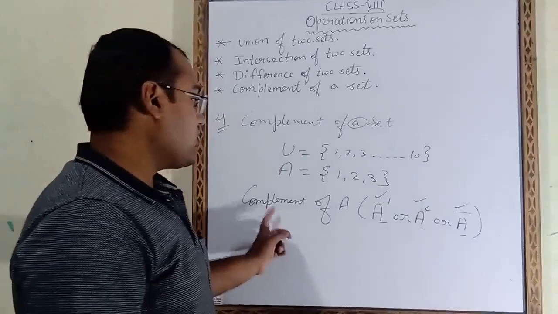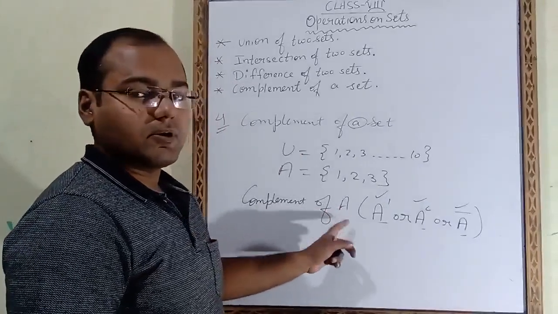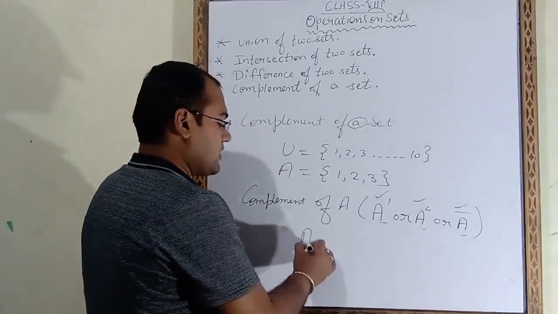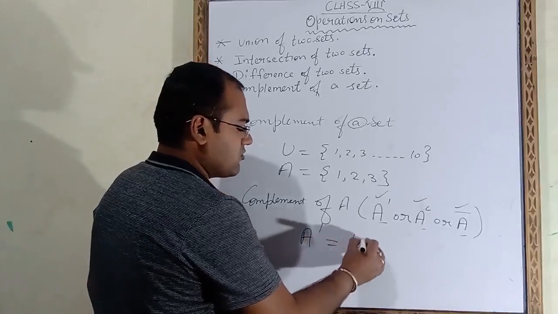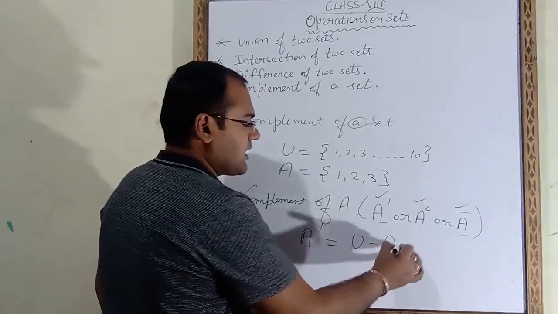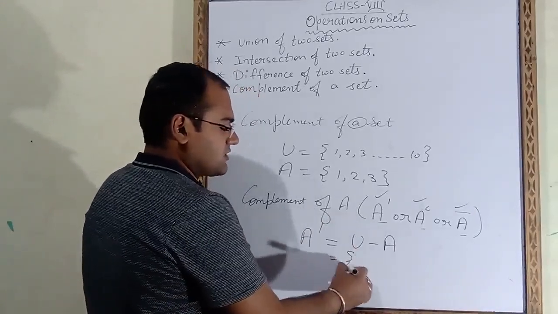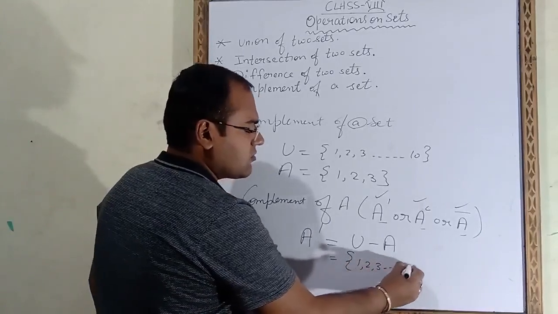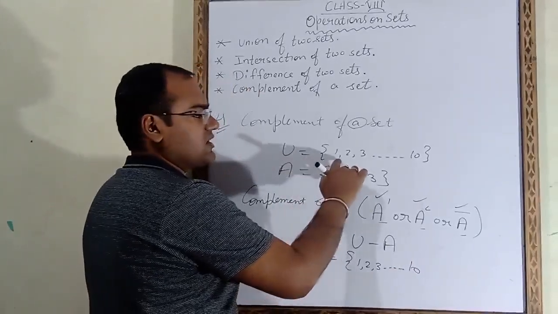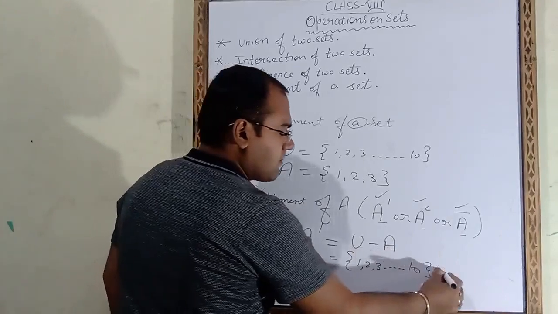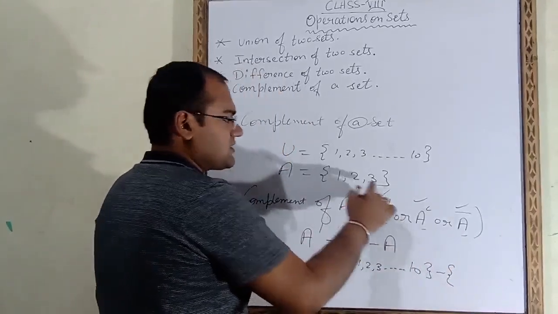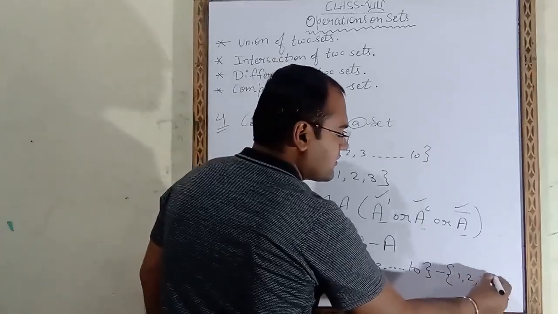So in order to find the A complement, you have to use one formula. A complement is equal to universal minus A. Universal value is 1, 2, 3 up to 10, minus A. A elements are 1, 2 and 3.